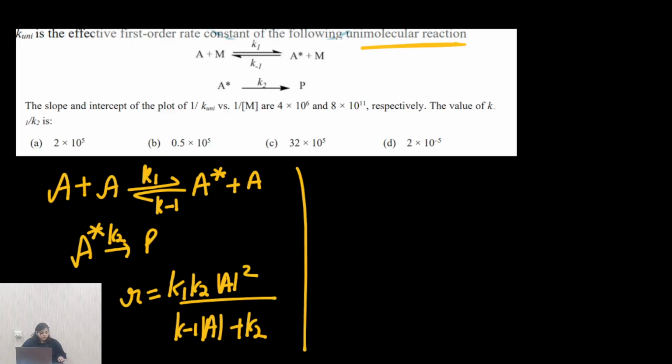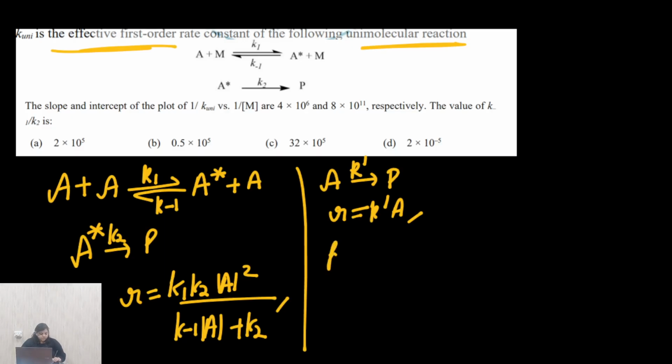Now they are saying it is an effective first order reaction, which means A to P is the overall reaction taking place. If you write the rate expression for this, it is going to be K dash times A. Now this K dash is nothing but K-uni, the effective first order rate constant. Both of these are rate expressions, so they can be equated.